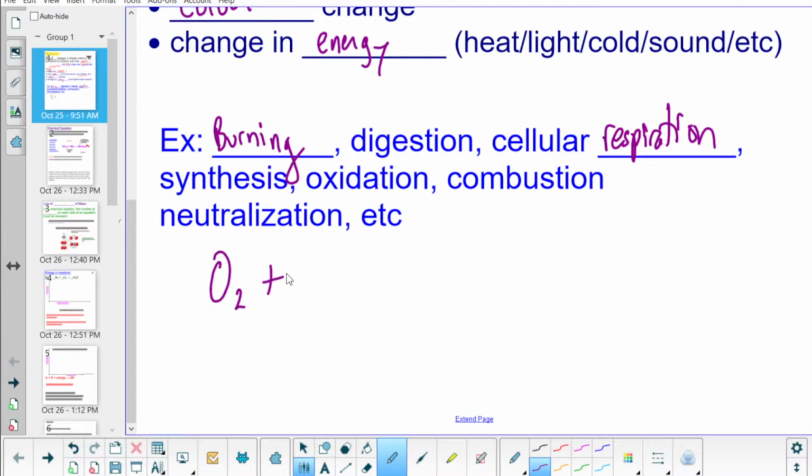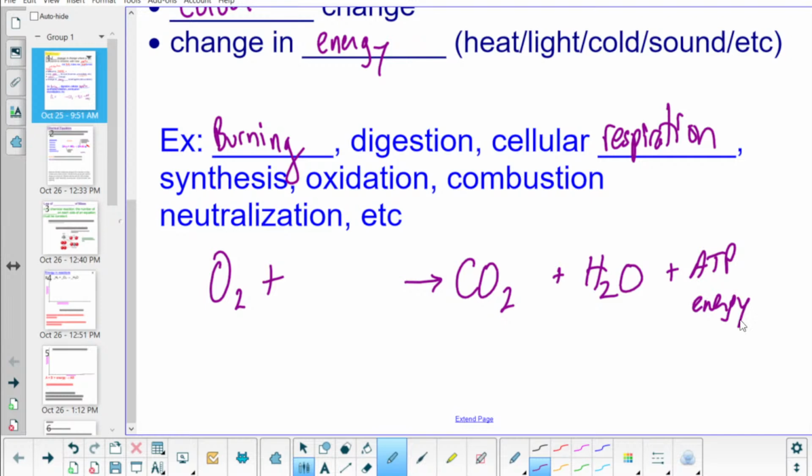Oxygen, and what was the oxygen reaction? It's in your blood. It's CO2 plus H2O plus ATP if you're in biology 11, or plus energy if you're in biology 10.